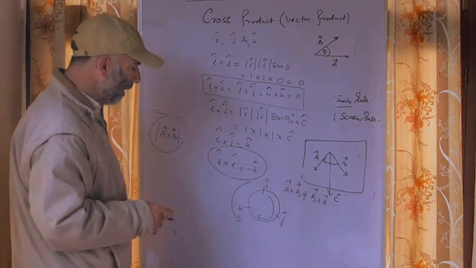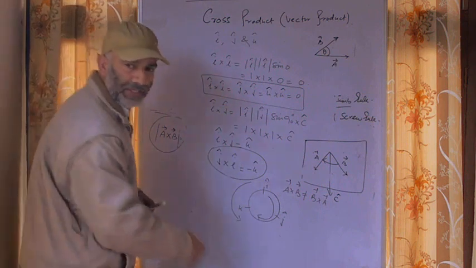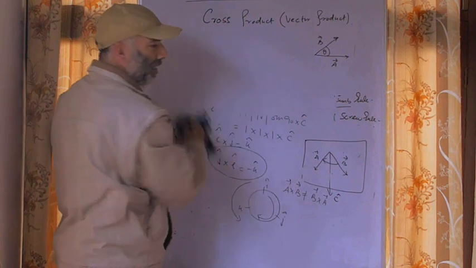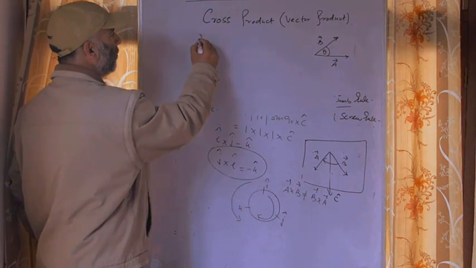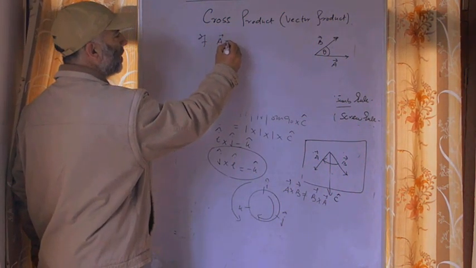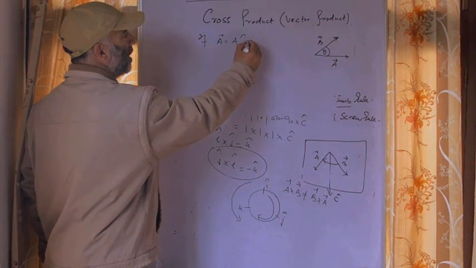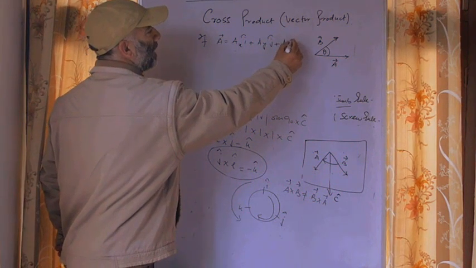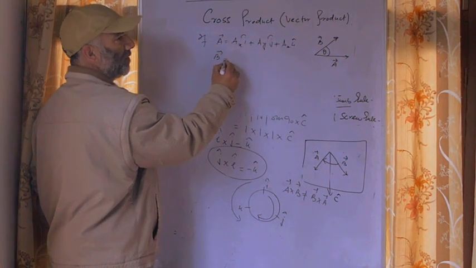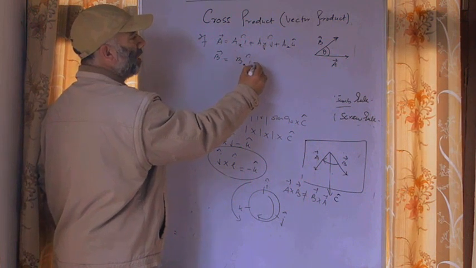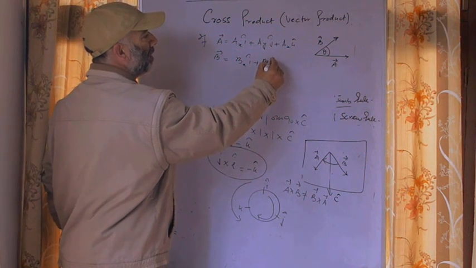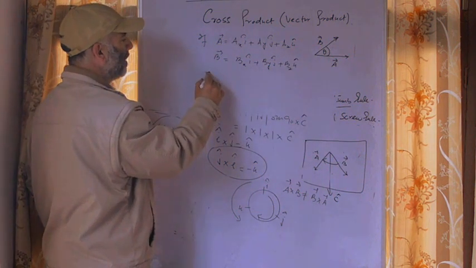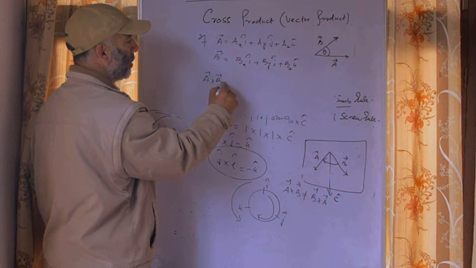Okay, in terms of the Cartesian coordinate system, the cross product of two vectors. If one vector A is equal to AXi plus AYj plus AZk, and vector B is equal to BXi plus BYj plus BZk, then A cross B can be calculated by a simple technique.